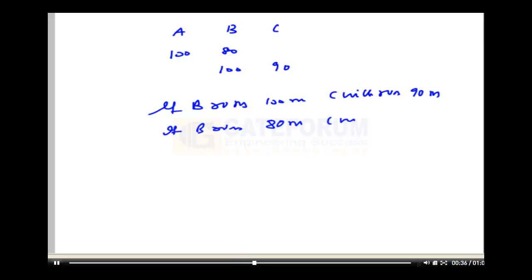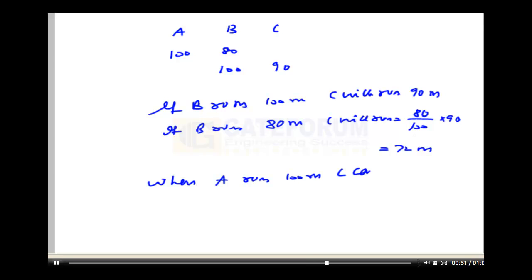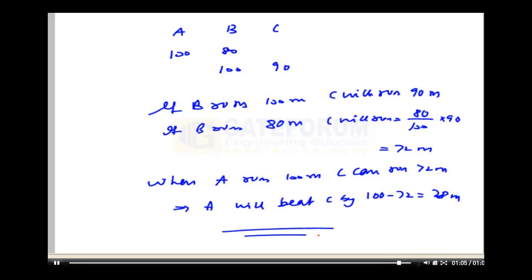B runs 80 meters, C will run 72 meters. So when A runs 100 meters, C can run 72 meters, which means A will beat C by 28 meters.